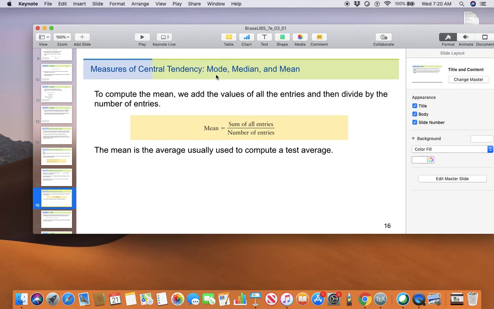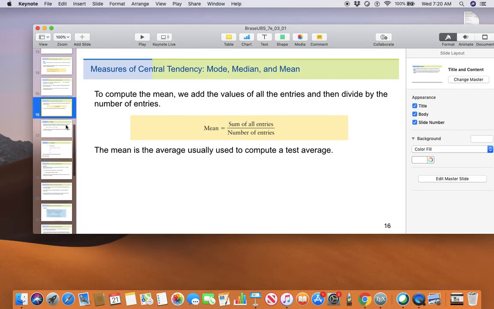Remember, mode is that number which appears most frequently, median is the middle number, and mean is what we in school called average. What is the mean? You add all the entries and divide by the total number of entries. The mean is the average usually used to compute a test average.